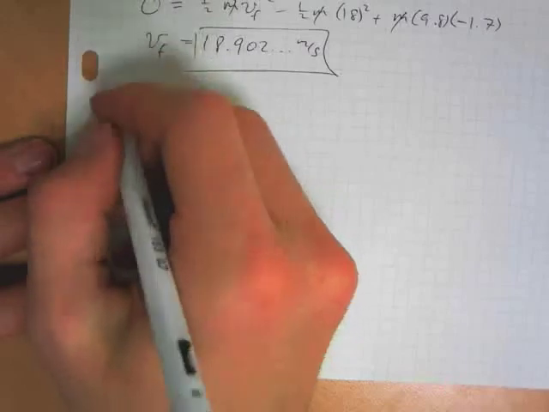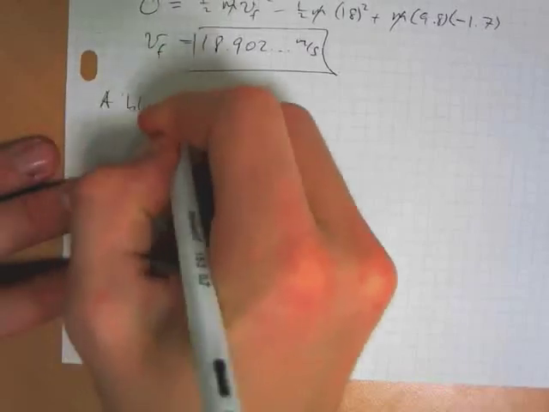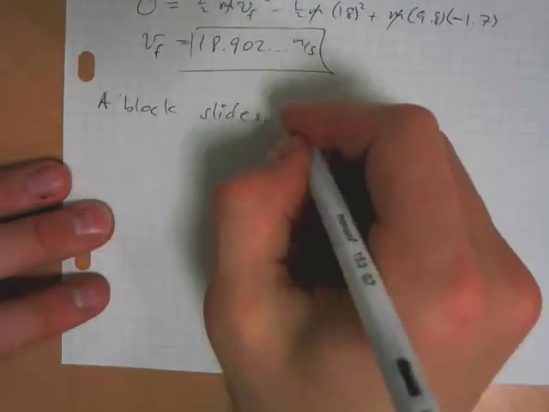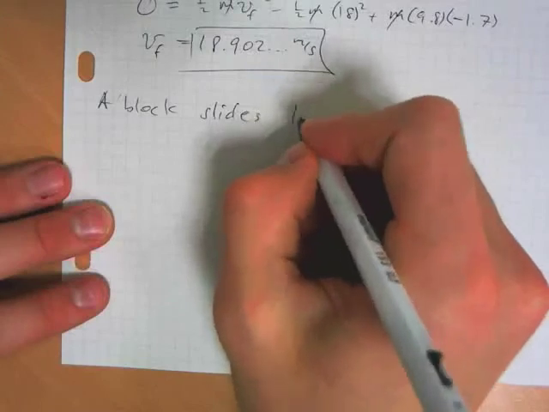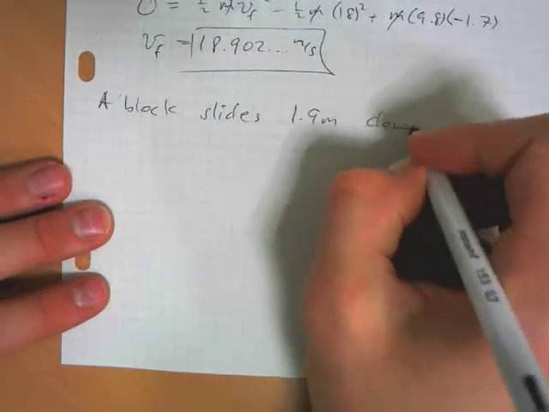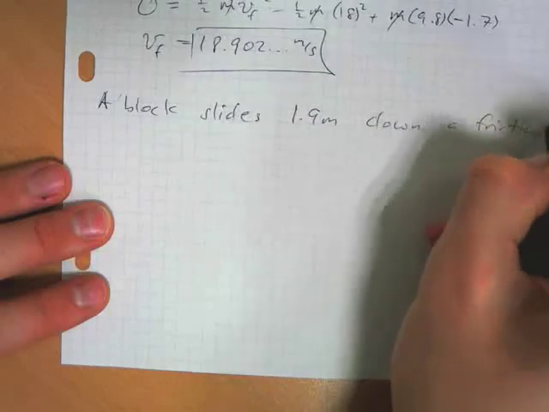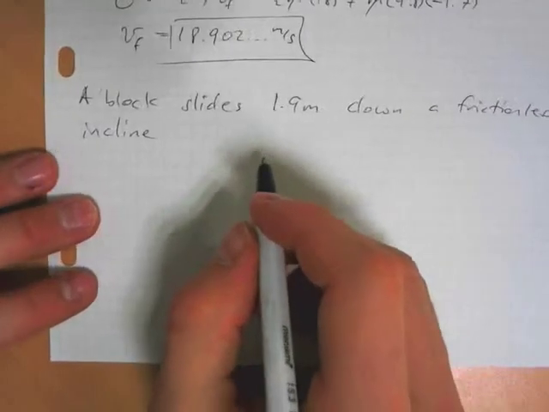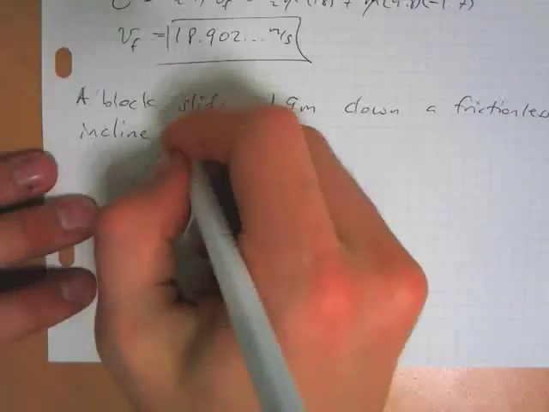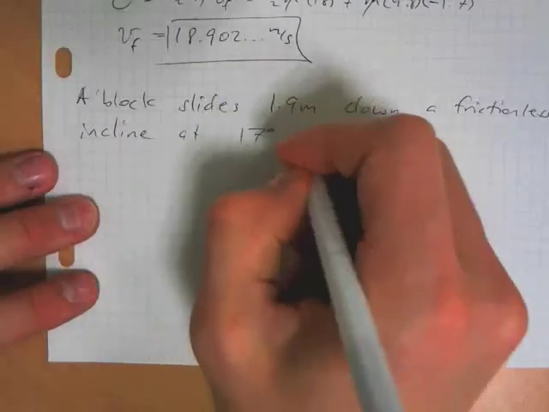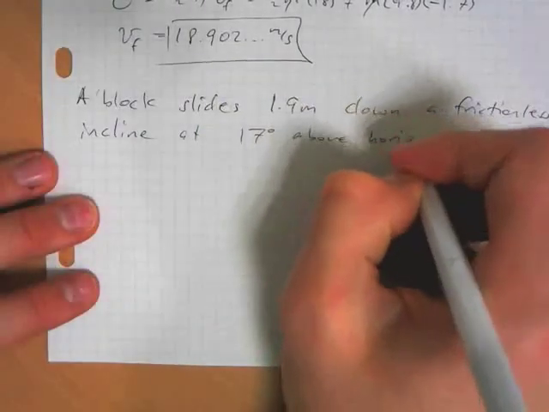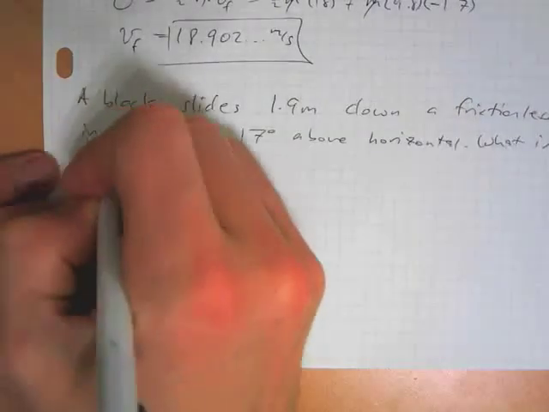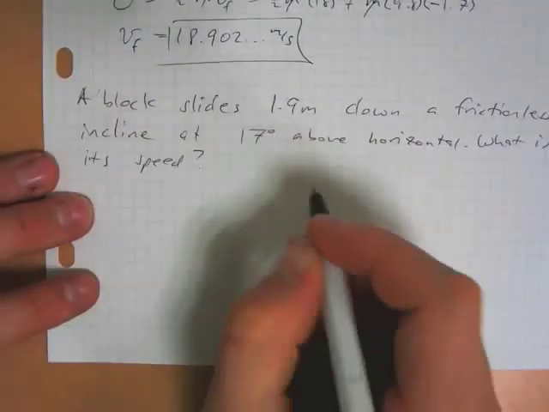Say a block slides 1.9 meters down a frictionless incline that is at 17 degrees above the horizontal. What is its speed at the end of this time?